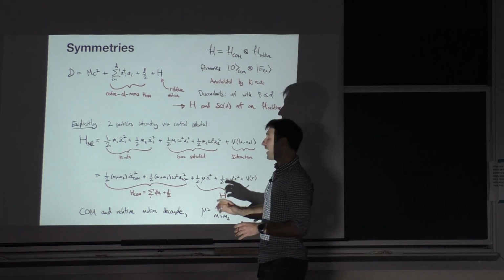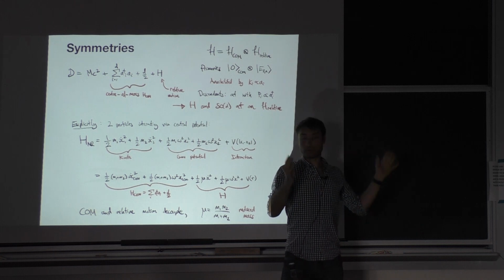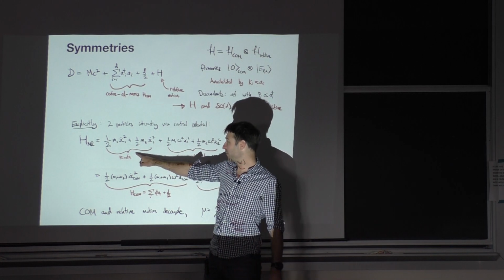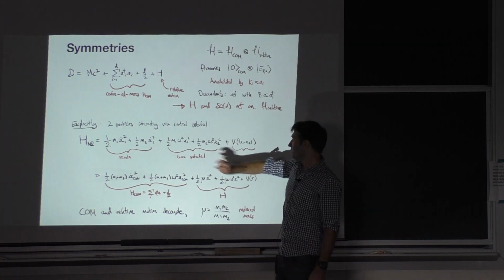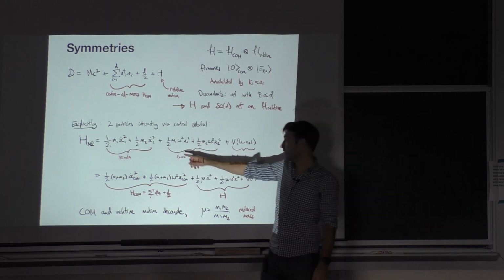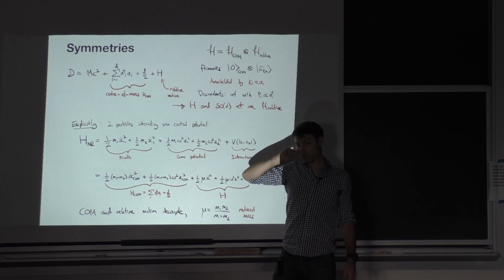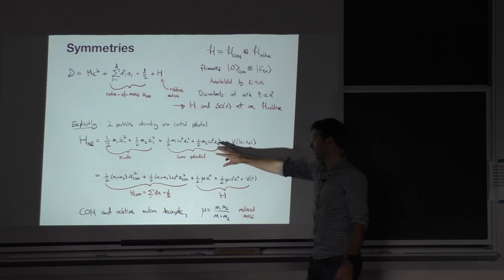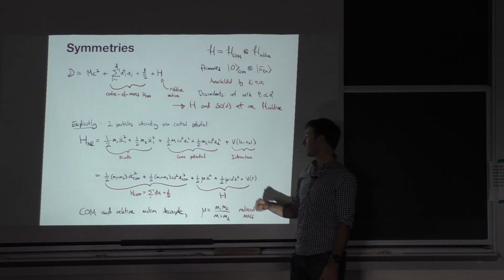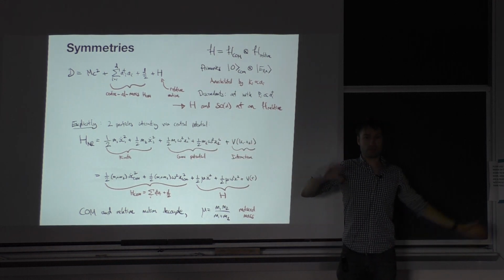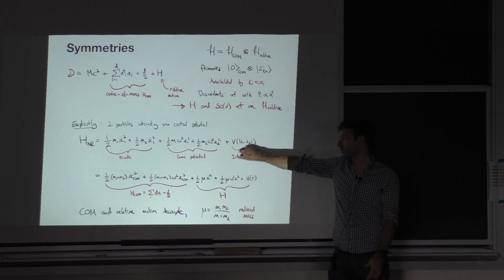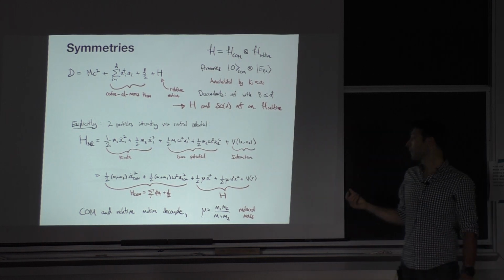Something very simple, except we also have this harmonic potential. So there's kinetic terms, a half m v squared. There's terms from the gravitational potential, that's half m omega squared x squared, for both particles, and then there's some arbitrary potential for the interactions that depends only on the separation between them.